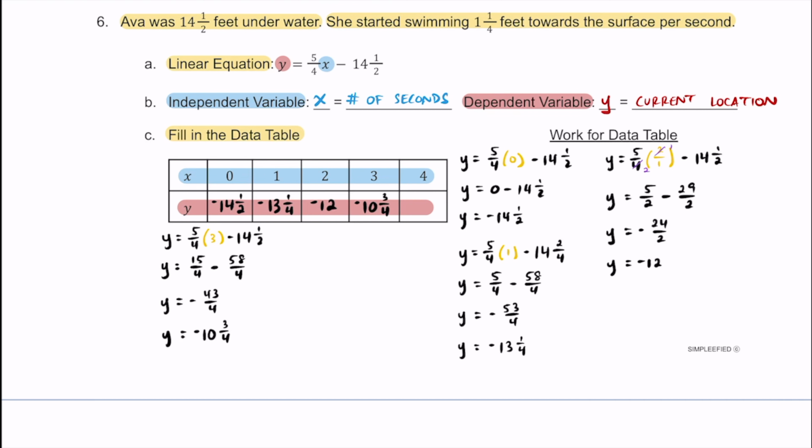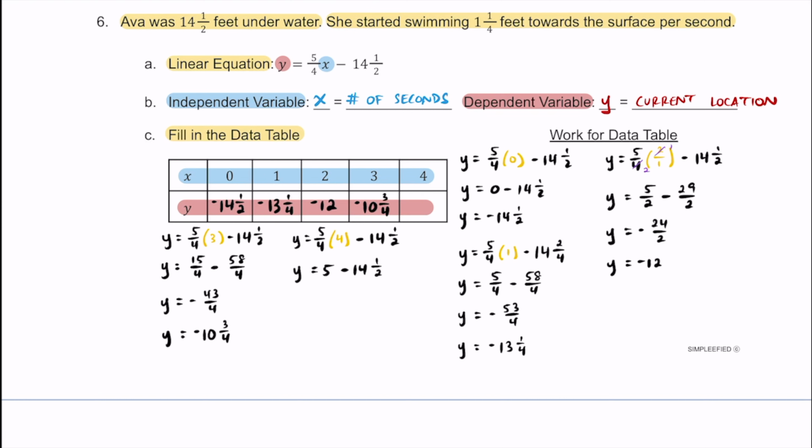Okay. One final scenario, take the same equation, but now x is 4, so 4 seconds go by. Let's go ahead and substitute that in. So we're going to say y is equal to 5/4. Let's go ahead and multiply that by 4, so that's going to cross cancel nicely. And then take away this 14 and 1/2 afterwards. Okay, so multiplying this 5/4 times 4, the 4's are going to cross cancel, so we're going to get y is just equal to 5 minus 14.5.